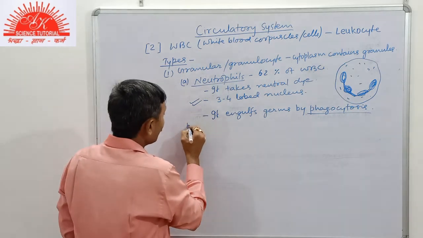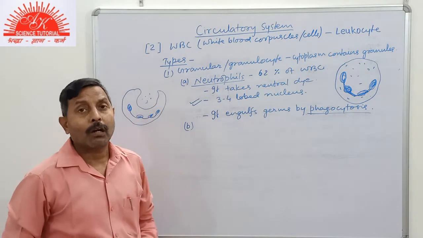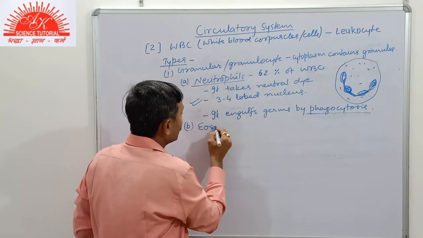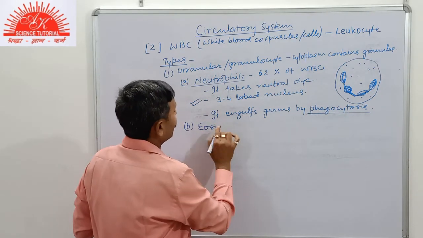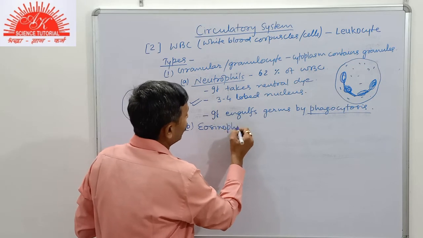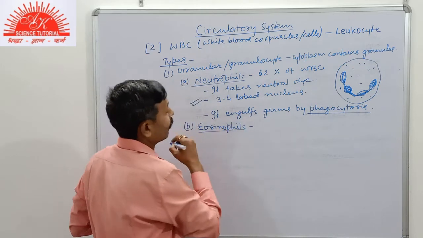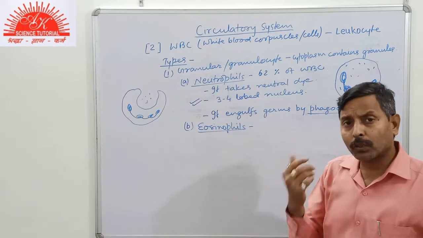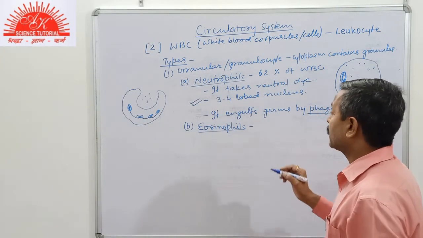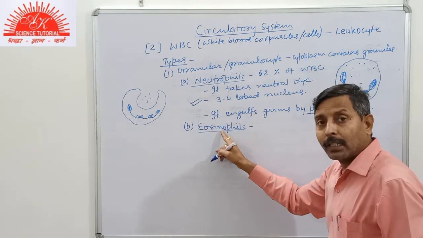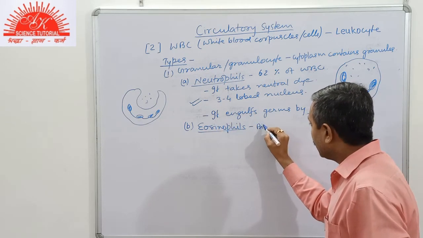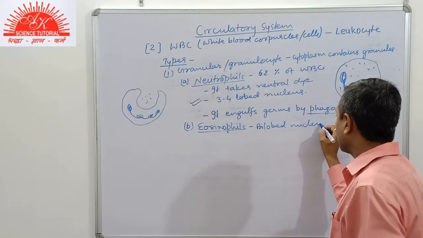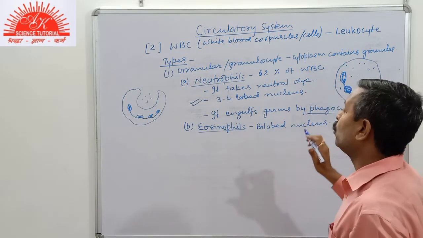Now, the second part of granular or granulocyte is eosinophil. Eosinophils form 2 to 3% of total WBCs. The main point related to it is it has bilobed nucleus. That is, the nucleus will have only 2 lobes.